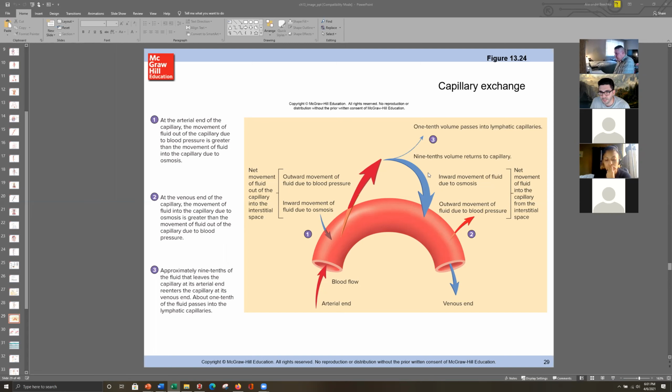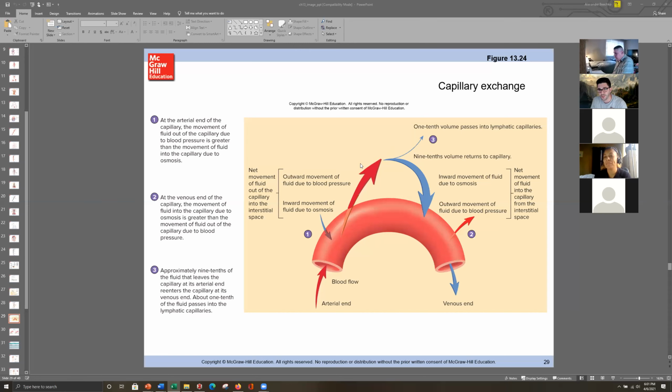Now, instead of it being a pressure-related gradient on the venous end, it's an osmotic gradient. So the osmotic potential of our capillary bed is so low that we're able to essentially reabsorb 90% of the fluid that we lose due to arterial pressure on the arterial end of the capillary bed.